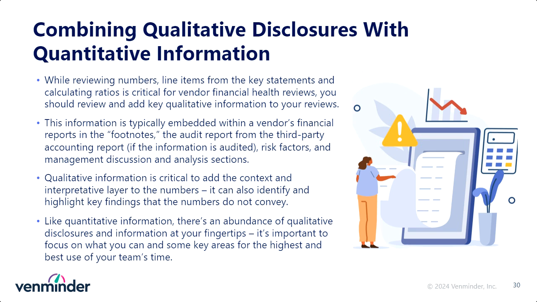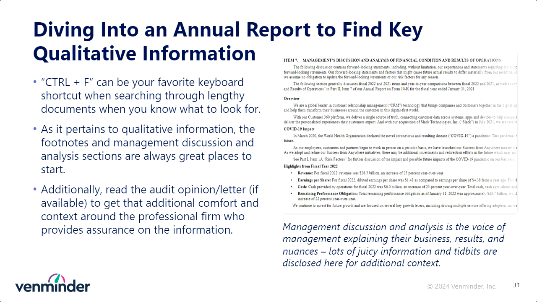Taking Salesforce as the example again, looking at their annual report or some of the key qualitative information described in those reports is important. I'm sure a lot of you use Control-F, or Control-Find, on your keyboard when you're looking at PDFs or looking through documents online. Using Control-F, especially when combined with some of the knowledge you gained today from these financial health review tips, is going to be your best friend if you don't have some sort of AI or machine learning extraction technology.